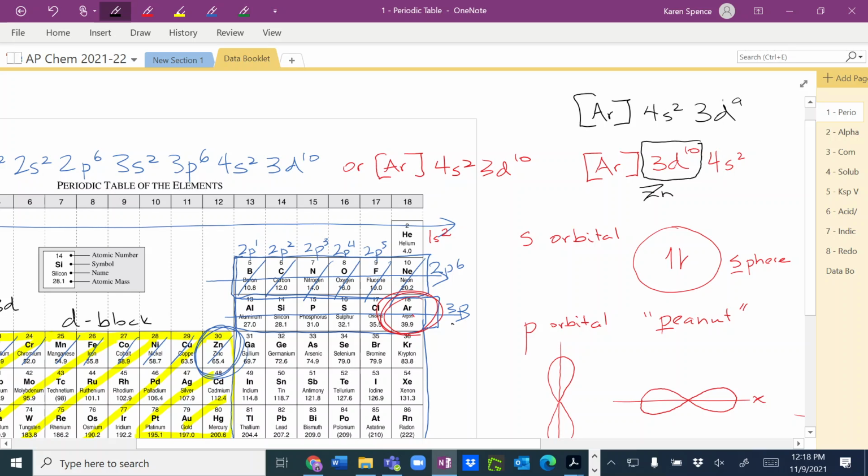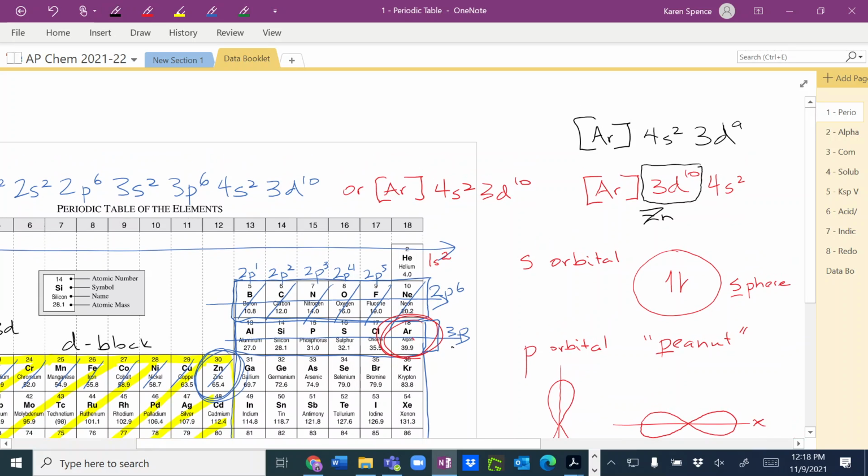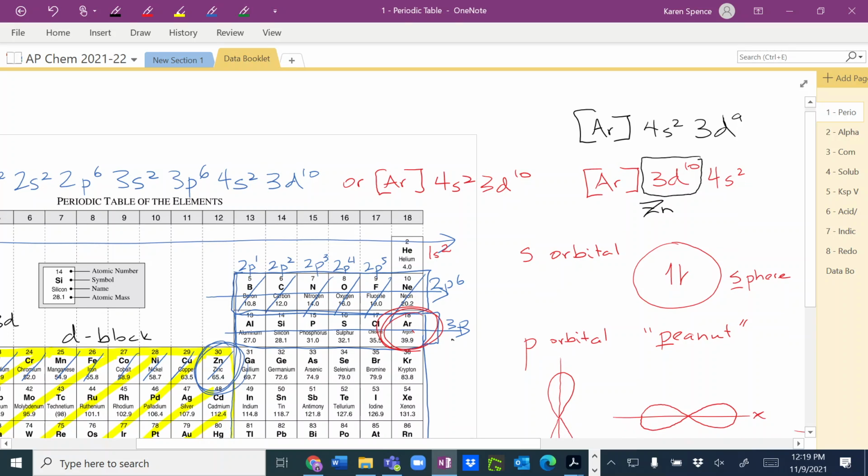You're not responsible for this exception to the rule. Can you just believe me? Normally it would be 3d10, 4s1.